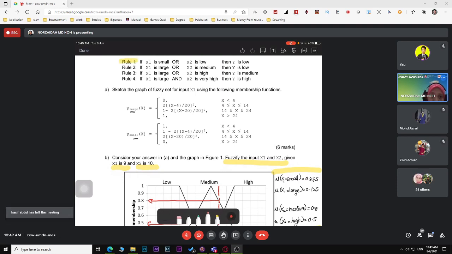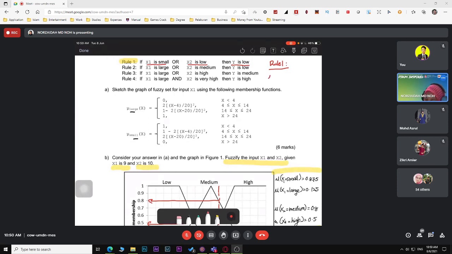Okay, x1 is small or x2 is low. Okay, so saya conteng kat tepi ni for rule 1. Untuk dapatkan what is the mu for y is low, you nak tahu mu untuk y is low.